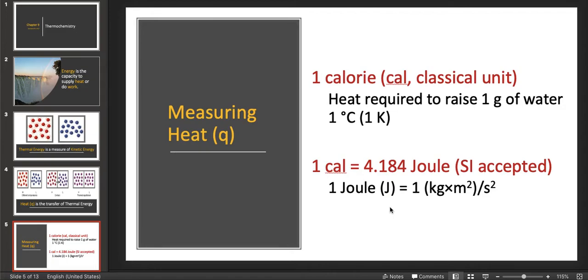So it's an amount of work as well as energy. So the joule is used for work, energy, and heat. And it's defined as 1 kilogram times meter squared divided by second squared. We're not really going to deal with this much. You just have to see that this is what 1 joule is. We're going to be using mainly just joules.